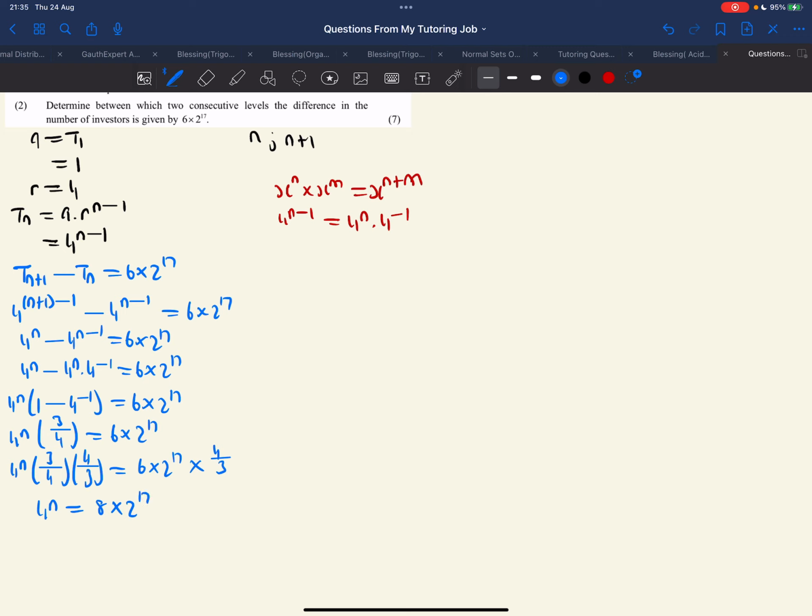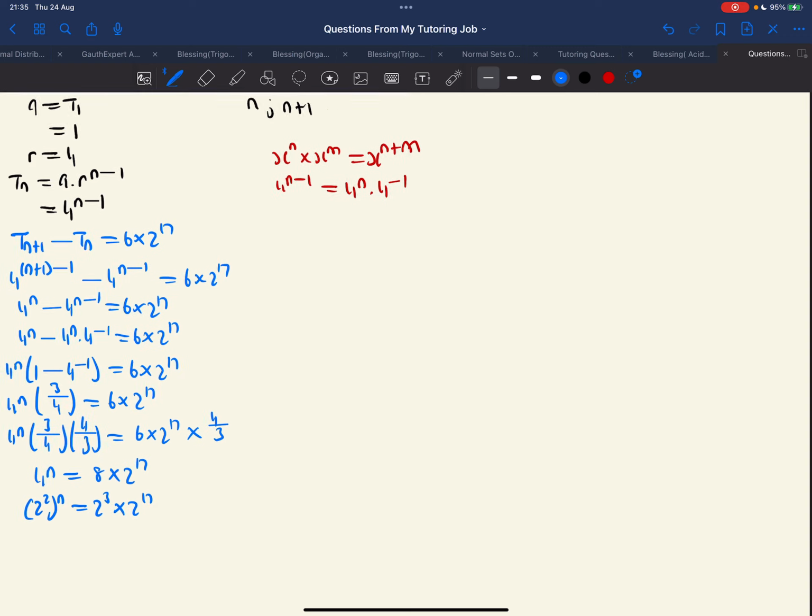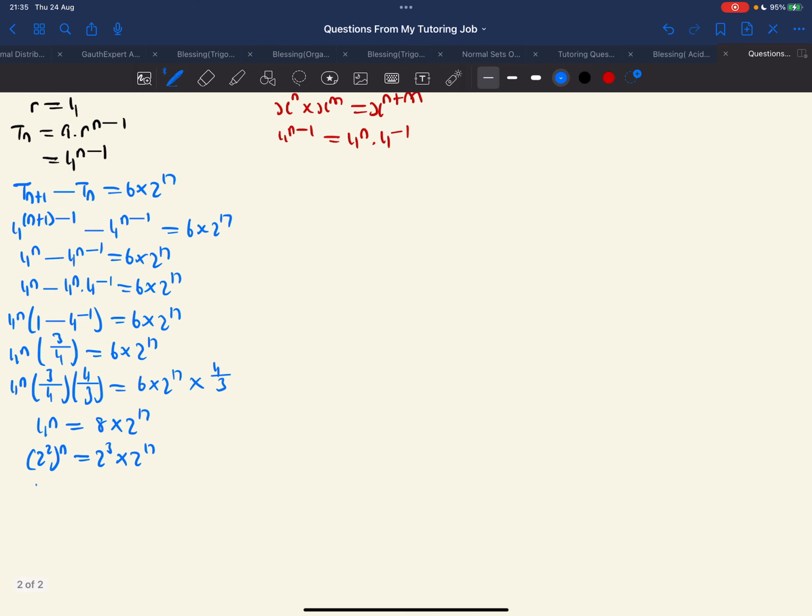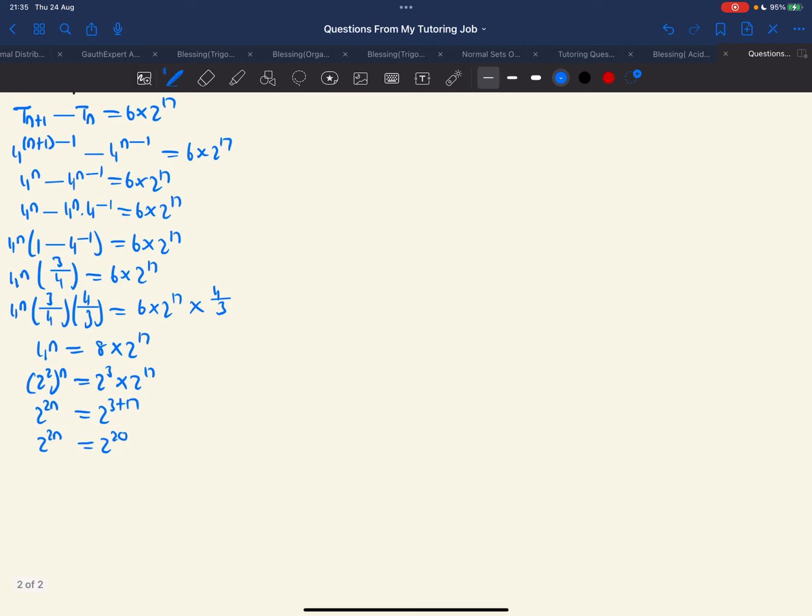All right, then we can change that to 2 to the power of 2n equals 2 to the power of 3 multiplied by 2 to the power of 17. Then that becomes 2 to the power of 2n equals 2 to the power of 3 plus 17, so 2 to the power of 2n equals 2 to the power of 20. Now, seeing that our bases are all the same, we can drop those and have 2n equals 20.